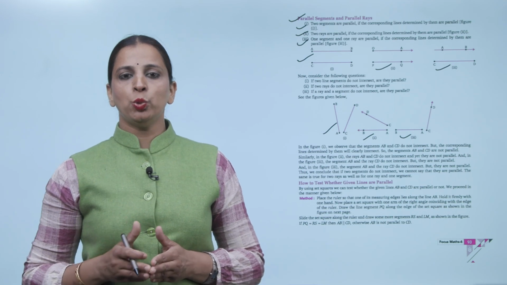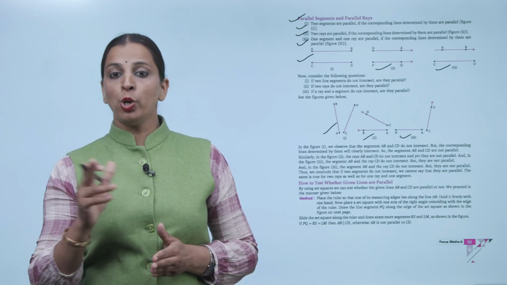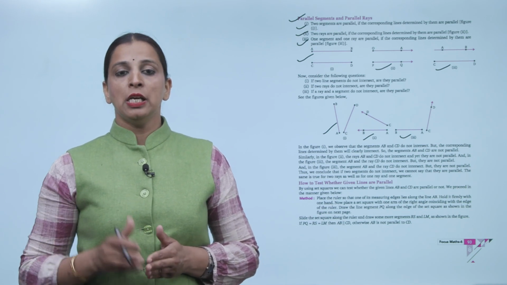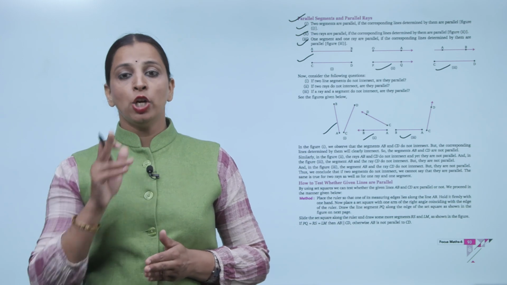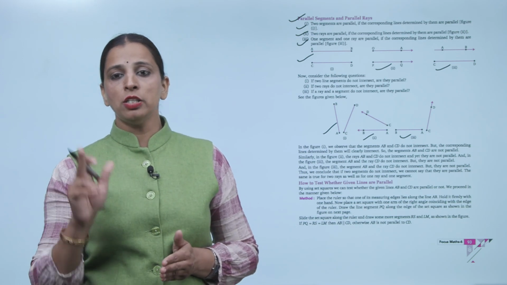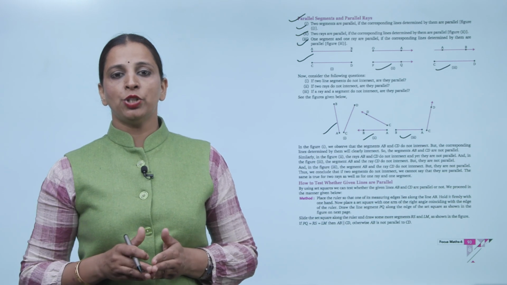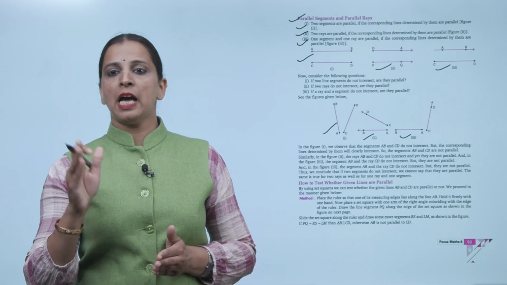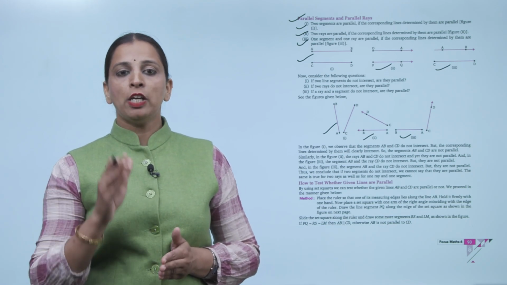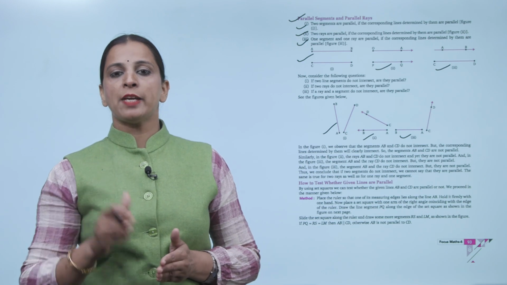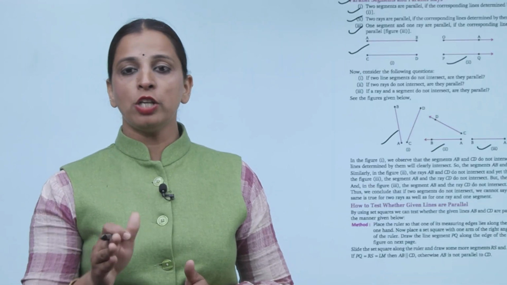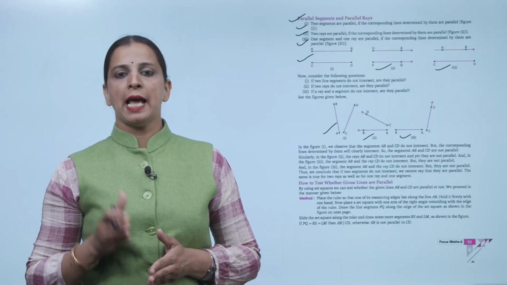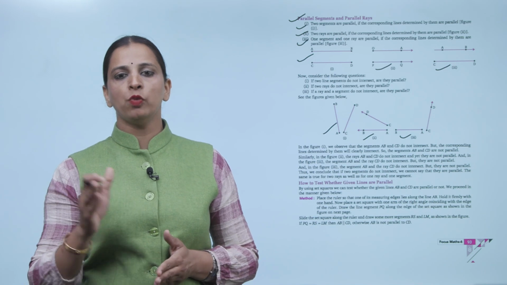Similarly, in figure 2, the rays AB and CD do not intersect and yet they are not parallel, and in figure 3, the segment AB and the ray CD do not intersect but they are not parallel. Thus, we conclude that if two segments do not intersect, we cannot say that they are parallel. The same is true for two rays as well as for one ray and one segment.